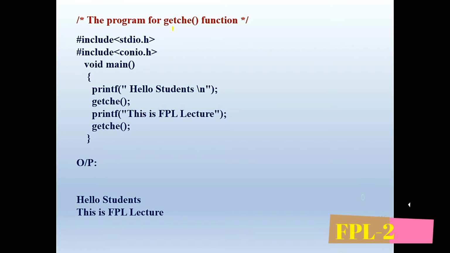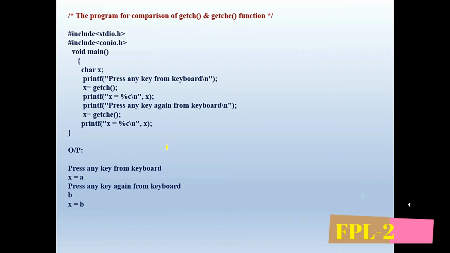So we'll see what is the difference between getch and getche. The same thing happens, but it echoes that character. Here we'll see that if we are storing that character in some variable and printing that variable again, then we can get the value of that as the output.